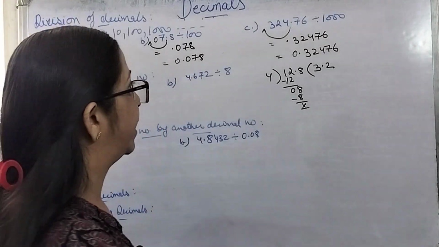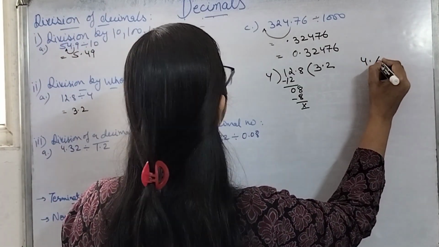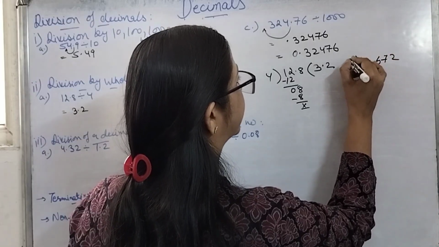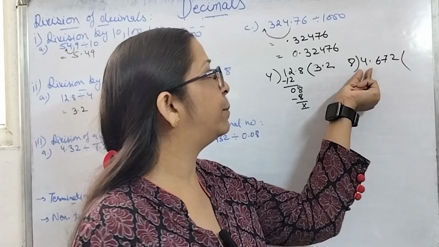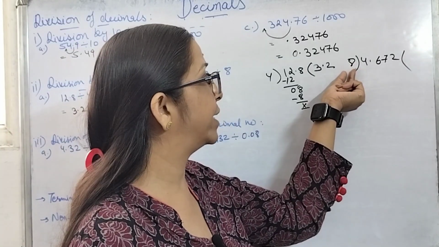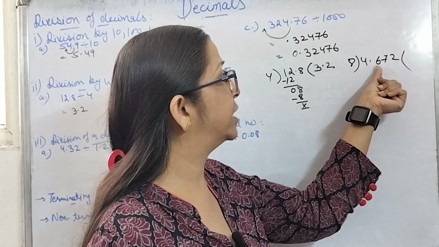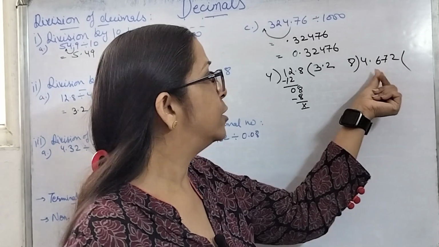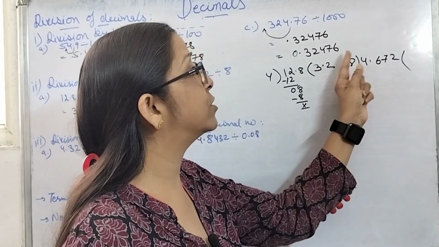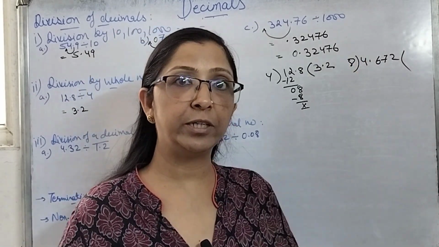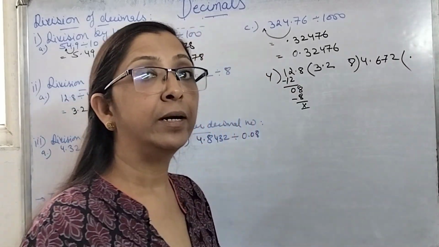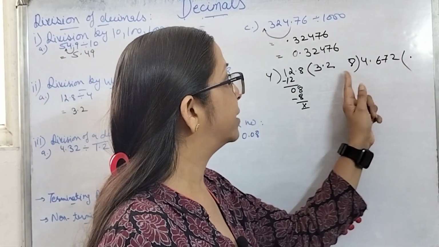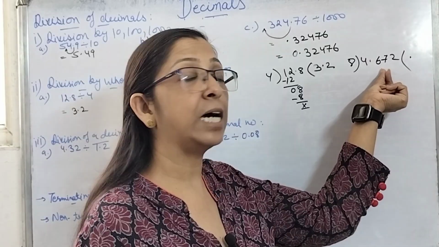Similarly, if we have to divide 4.672 by 8, over here the integral part is less than that of your divisor. So directly we need to use a digit which is after decimal. So the number will become 46, but because we are using the digit which is after decimal also, directly in the quotient there will be decimal. Directly we'll be keeping the decimal, then we will be using the digit which is after decimal.